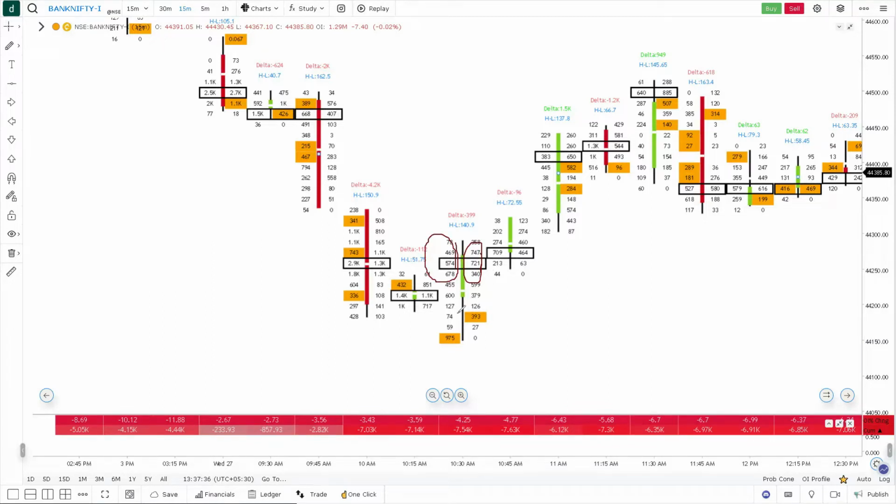Sometimes it happens that here also more volume will be there, here also volume will be there, and then the prices will go up. In those cases, you need to understand what might have happened. Initially, the sellers sold and held for some time, and then sellers ran out of whatever stock they had to sell, and at some point buyers took control, and then the prices spent time at the top.